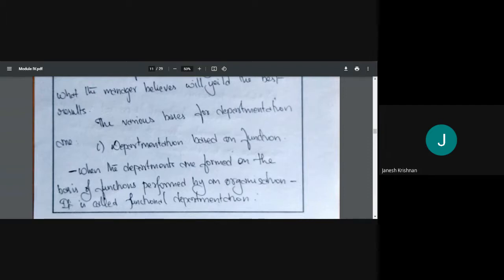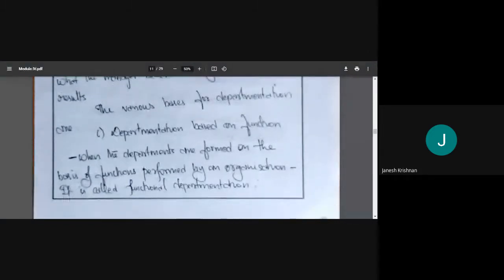In functional departmentation, everything under marketing, that is market research, market planning, advertisement, sales, will come under marketing. So based on the function, if you are dealing with the market, you will come under marketing like that.